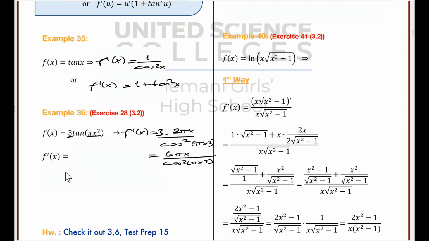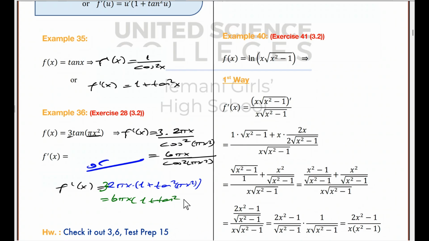Or if you use tangent, derivative of the angle, 2 pi x, multiplied by 1 plus tangent squared of the same angle. And I forgot the coefficient. Coefficient stays. 3 times 2, 6 pi x in a bracket, 1 plus tan squared pi x squared.